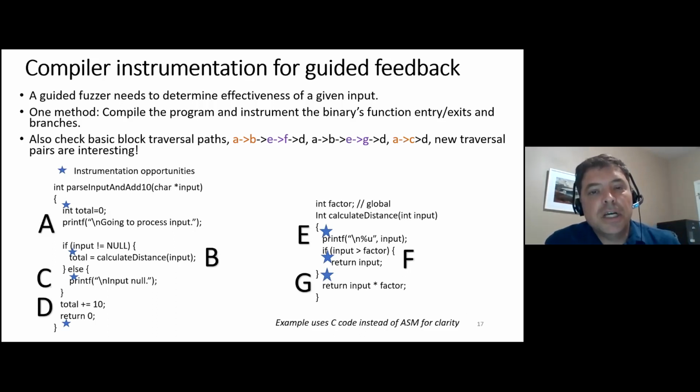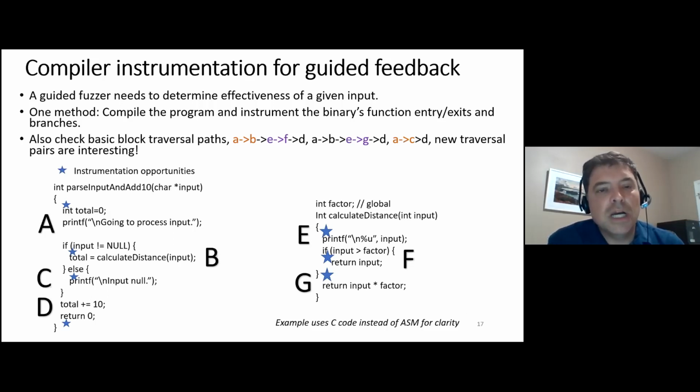And then there's compiler instrumentation. A guided fuzzer really needs to determine how effective a given input was. One of the methods used is to recompile a program using a wrapper that makes note of certain interesting locations in the code.